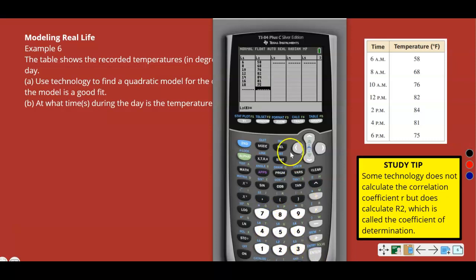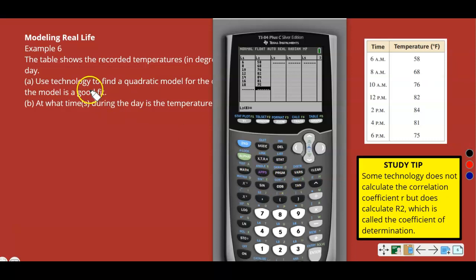I always like to double check very quickly that what I typed in is correct. If you have the wrong information in the calculator, you cannot get the correct answer from your calculator. So that should always resonate as a true statement.